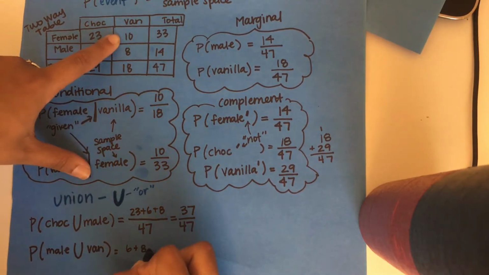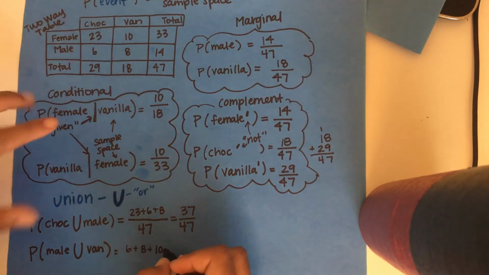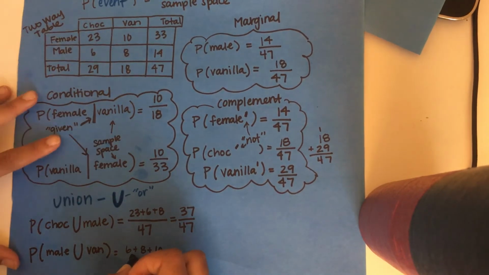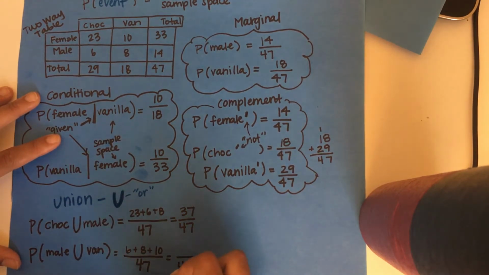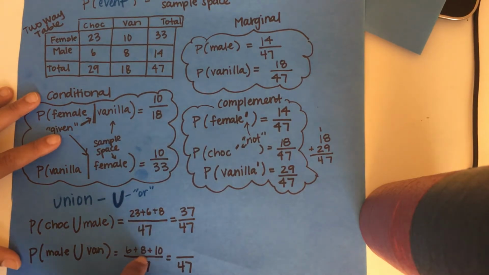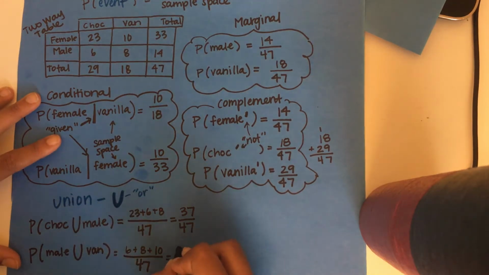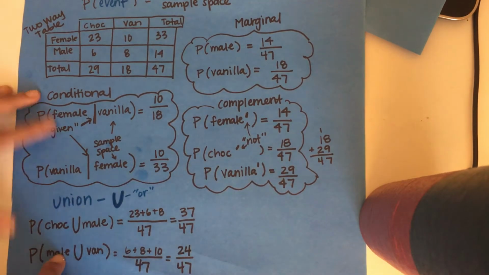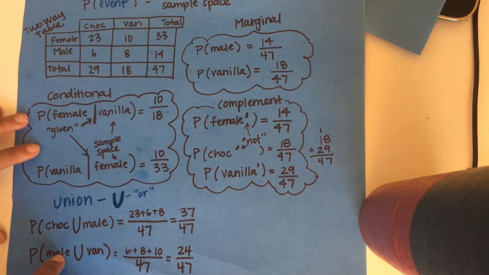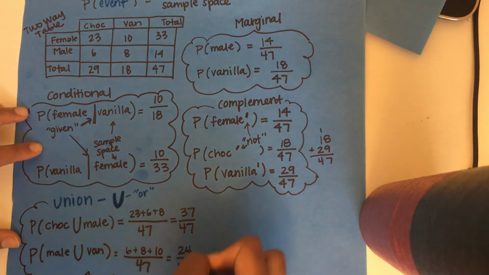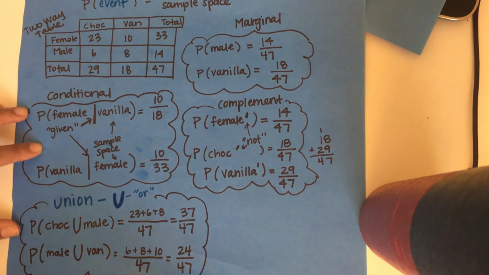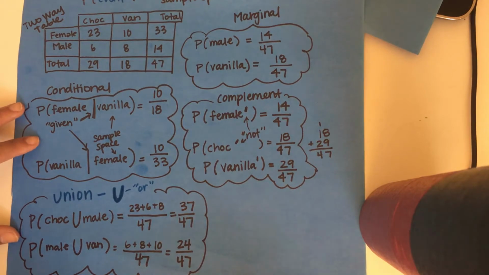And we know that 10 females like vanilla. So we know that 10 plus 8 is 18, plus 6 is 24. So we know that 24 people total are either male or they like vanilla. This is an example of a type of probability statement that is a union.